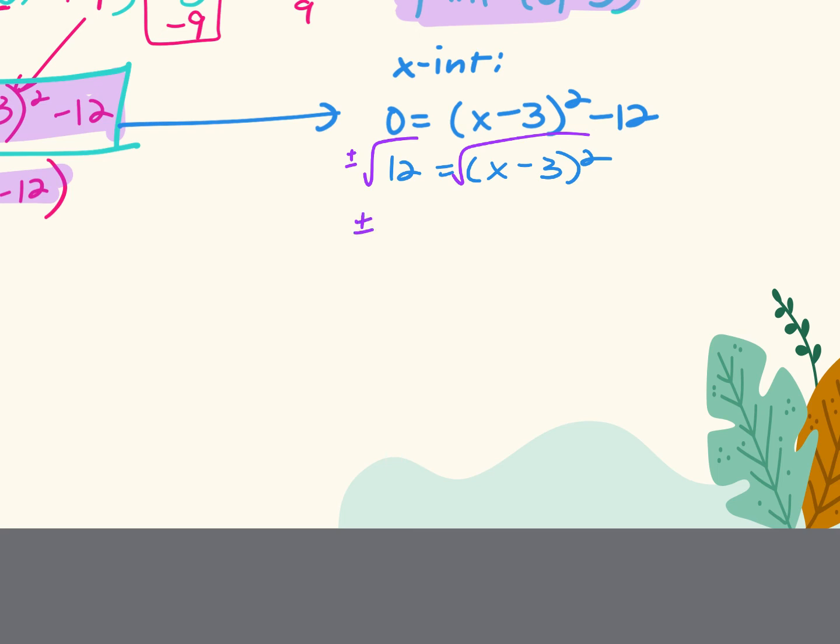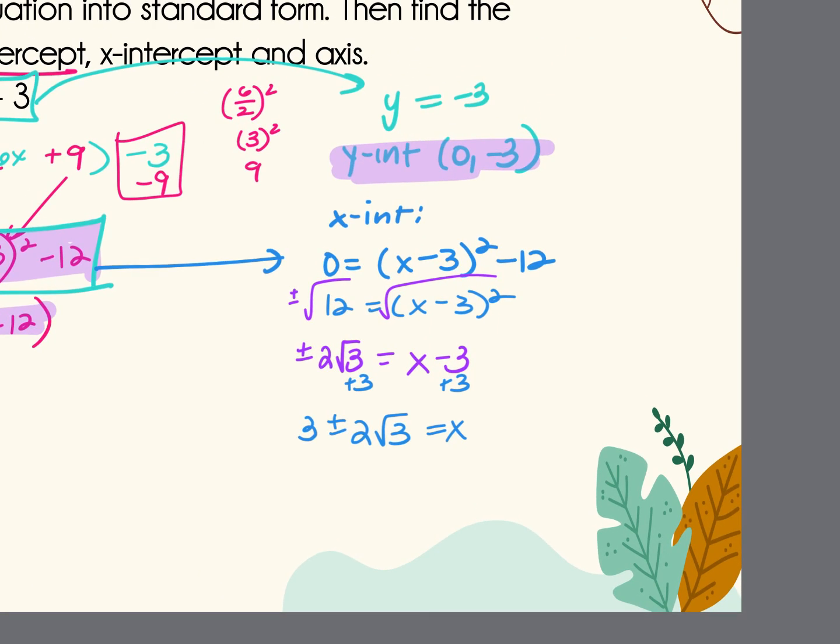I get plus and minus, this would be 4 and 3, so 2 root 3 equals x minus 3, and then add the 3. 3 plus and minus 2 root 3. So I get 3 minus 2 root 3, 0, and 3 plus 2 root 3, 0.